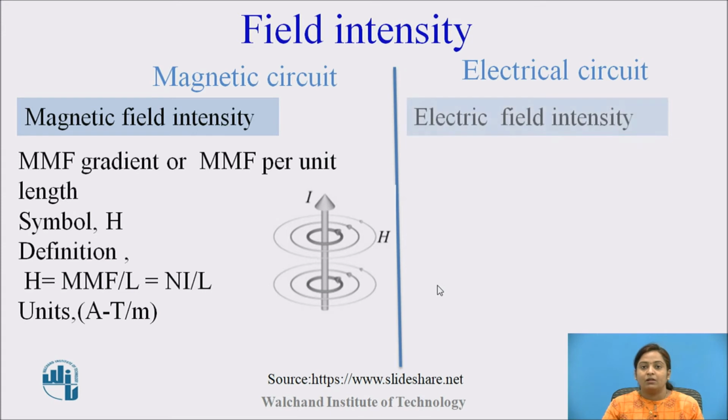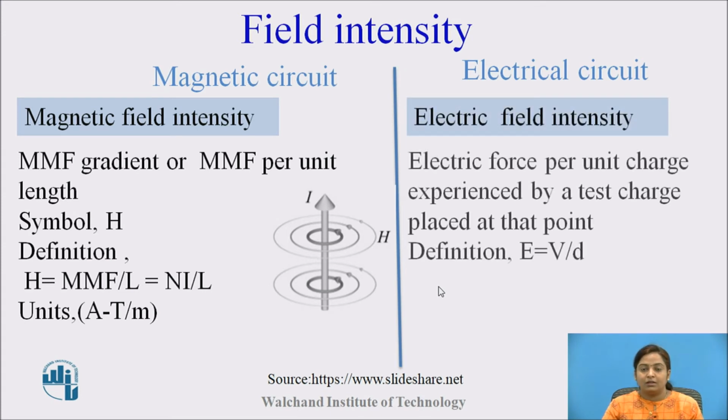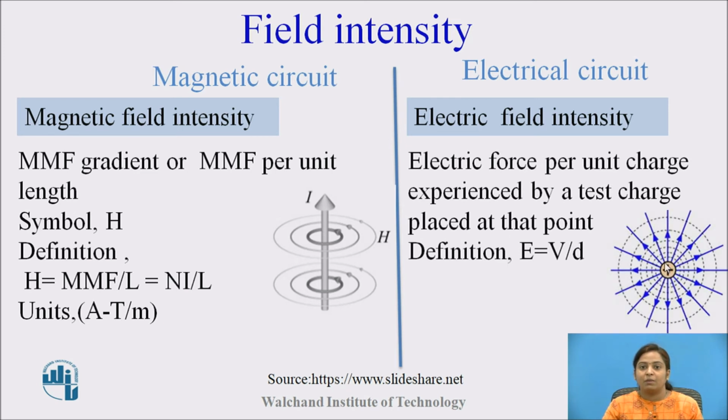In electric circuit, the electric field intensity is the electric force per unit charge experienced by a test charge placed at that point, and it is nothing but V by D, where V is the voltage and D is the distance. Its unit is volt per meter.